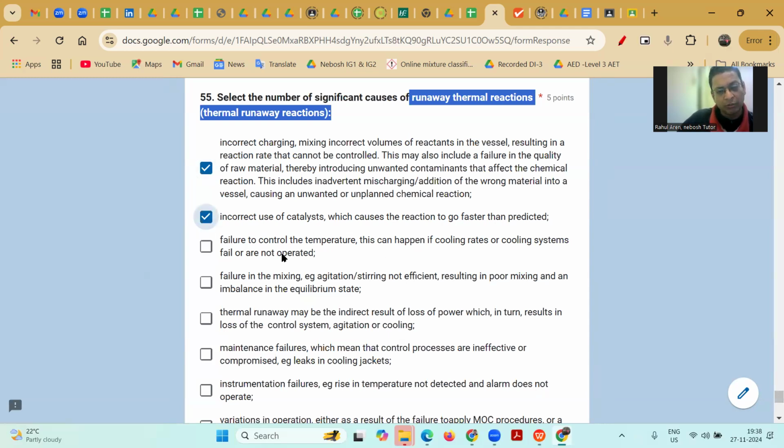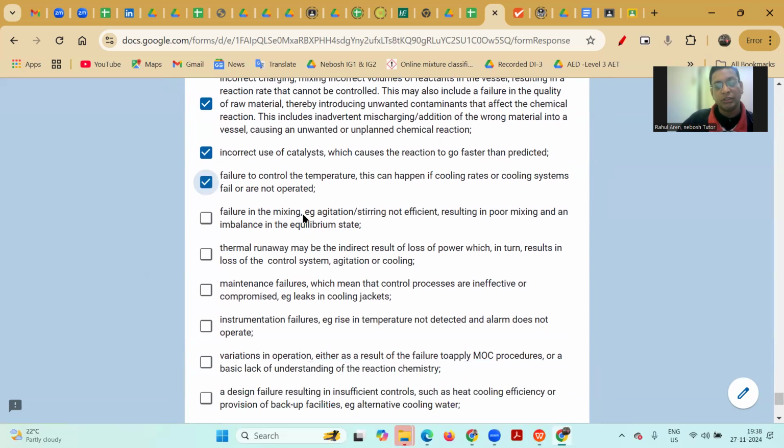Now, the third option, failure to control the temperature. This can happen if the cooling rate or cooling system fails or is not operated. So this is also the correct answer. Failure in mixing, like agitation or stirring not efficient, resulting in poor mixing and an imbalance in the equilibrium state.